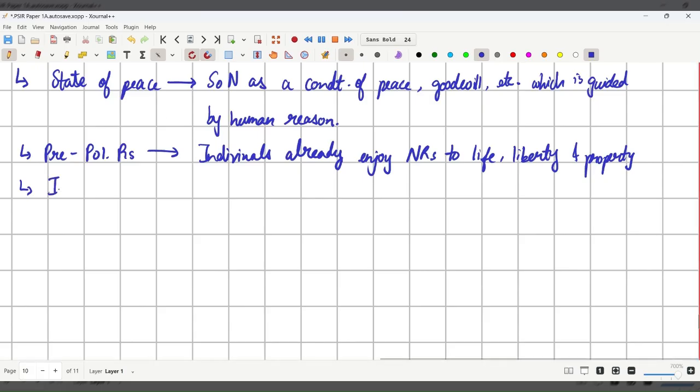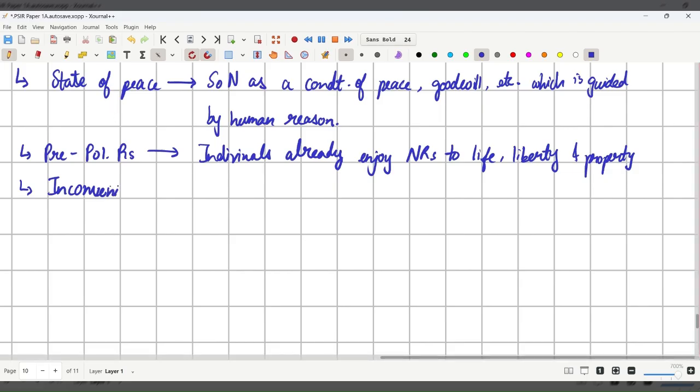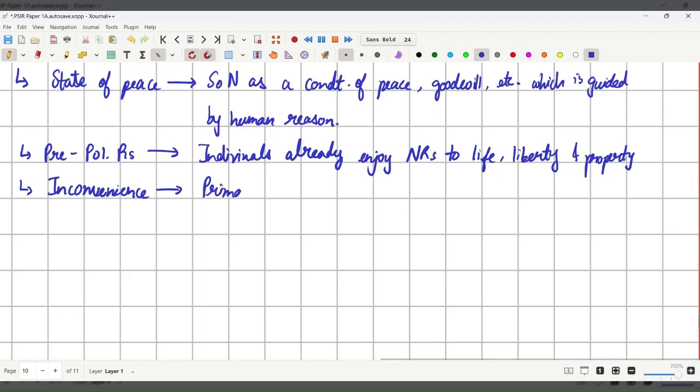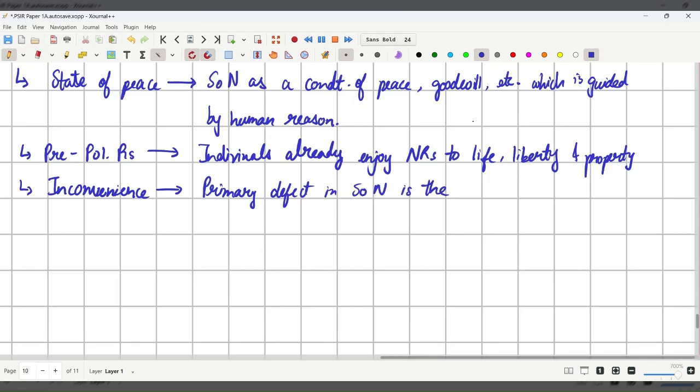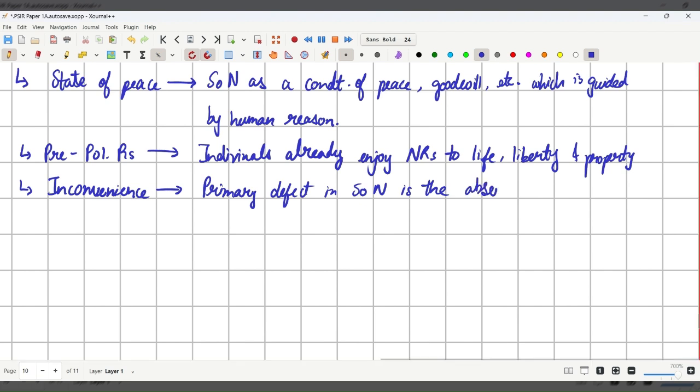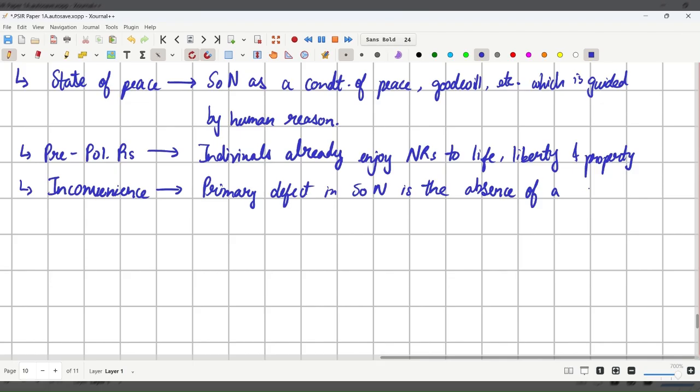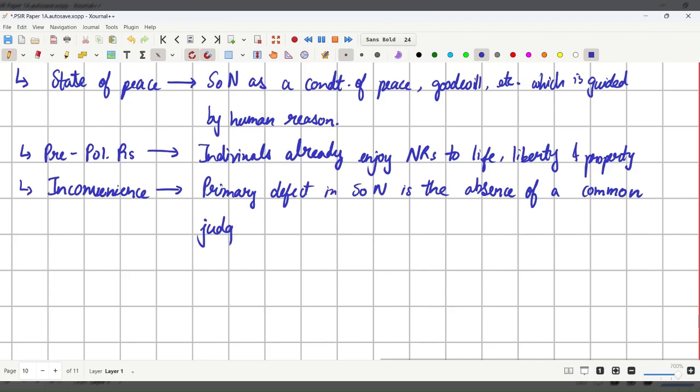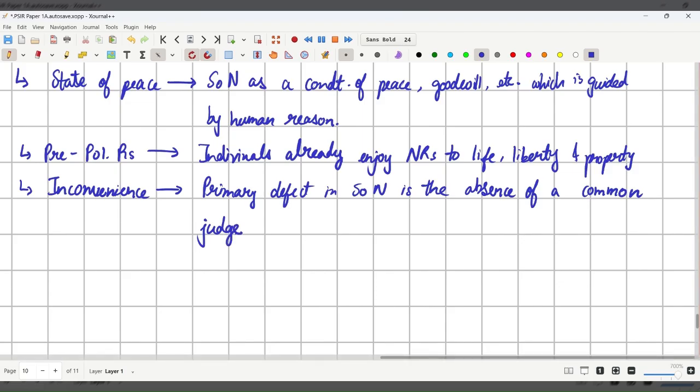Okay, so according to Locke, the primary defect in the state of nature is the absence of a common judge, which does not enforce the law of nature.